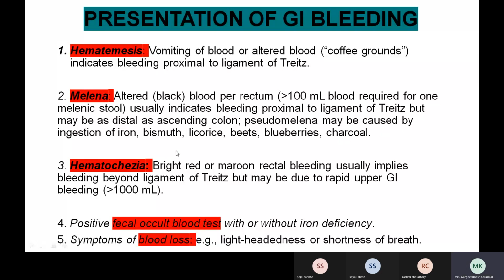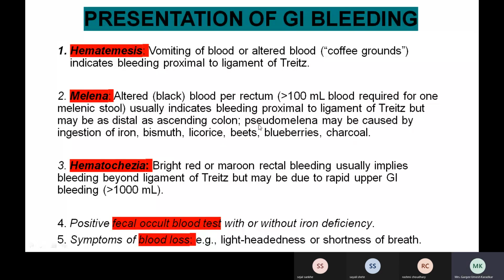Pseudomelena may be caused by the ingestion of iron, bismuth, licorice, beets, blueberries, or charcoal. Pseudo means false. So you may have discoloration of the stools when the patient is taking, for example, iron tablets, or has taken bismuth for some treatment, or eatables like beets, blueberries, charcoal.